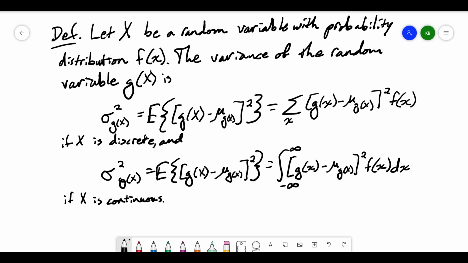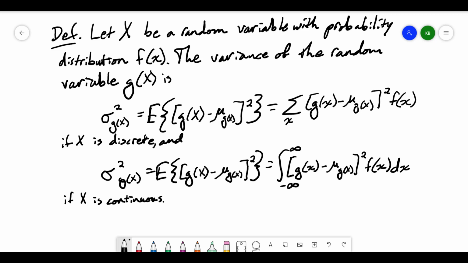If we want to know the variance of the random variable g of x, then we're going to take the sum over all the possible values of x for our random variable capital X, taking the difference between our g of x value and the mean of g of x and squaring that and multiplying times f of x whenever we have a discrete random variable x.